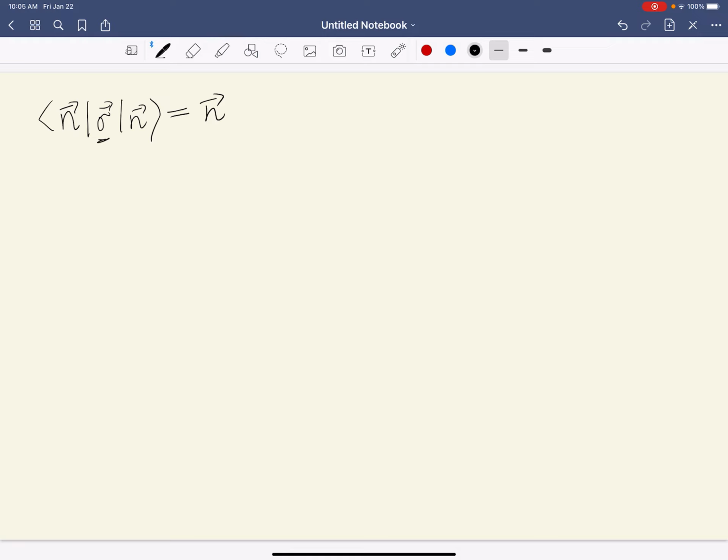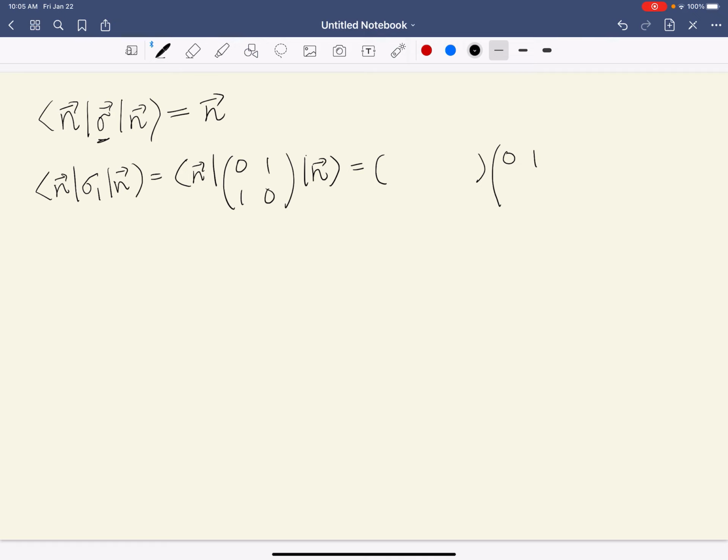Okay, so for example, in the case of sigma 1, I just have to work out this thing, which is n. And what is sigma 1? It's this matrix. Well, let me just try to do this explicitly so that you can easily follow.